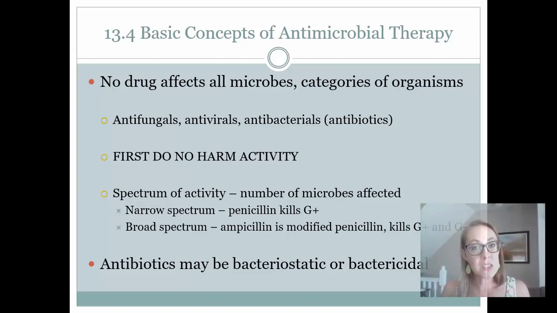So ampicillin is a broader spectrum drug because it will kill not only gram-positive bacteria, but it can kill gram-negative bacteria as well. So when we talk about antibiotics moving forward, this is something to keep in mind, whether we're dealing with a broad spectrum versus a narrow spectrum antibiotic.